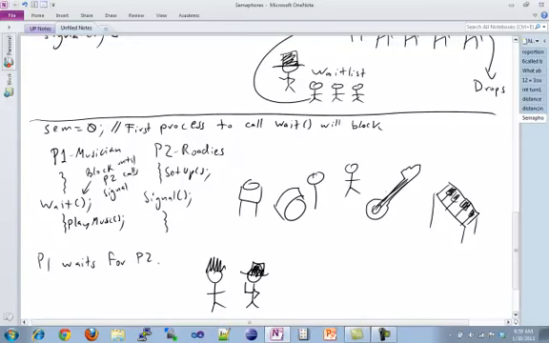Right? And so in this example, the roadies do their thing, they set everything up. Once they're done, they leave. They're done with setup. Okay, and then once they're done with setup, our semaphore is going to let the musician go play.